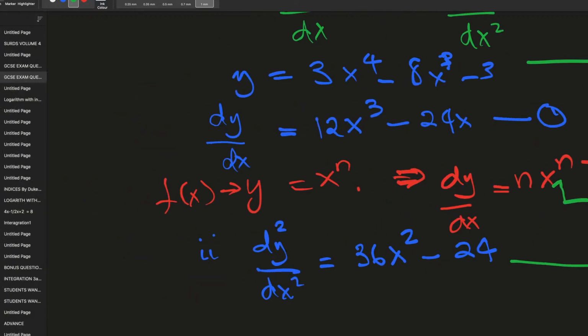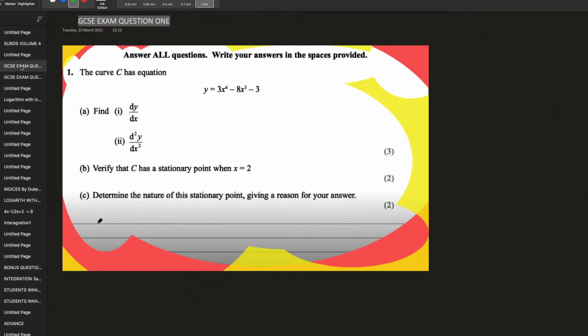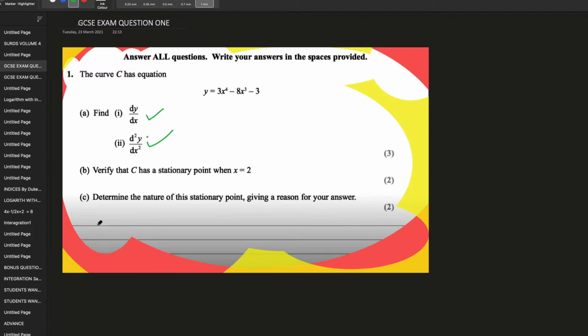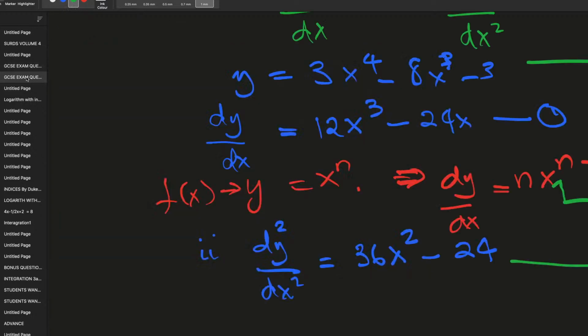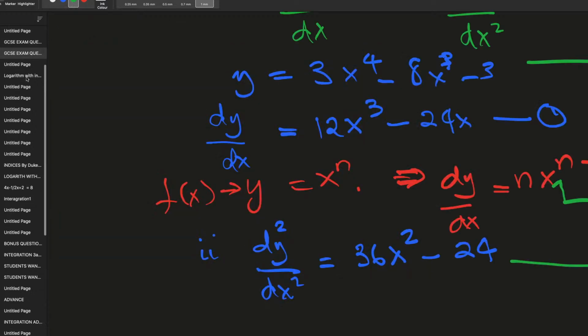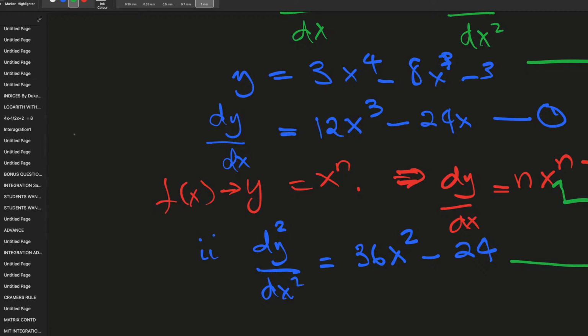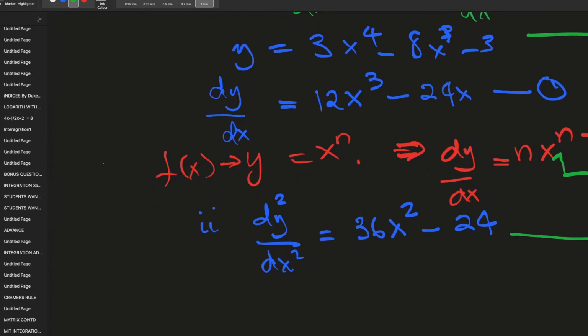question. The next question says, we have found this and that, and it's verified that the curve has a stationary point when x is equal to 2.